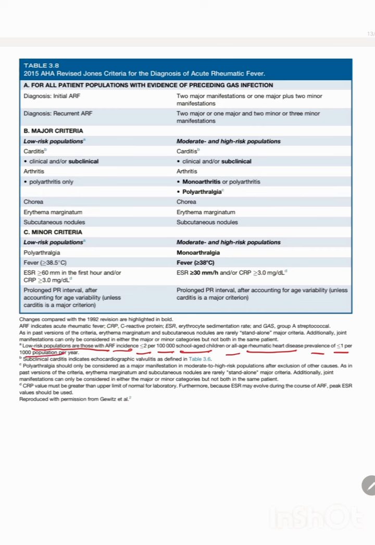Among the overall population, including all age, adult, and pediatric age groups, if the prevalence of established rheumatic heart disease is less than 1, or you are taking a school going children population, and among this population, if the incidence, remember it is the incidence of acute rheumatic fever, is less than 2.